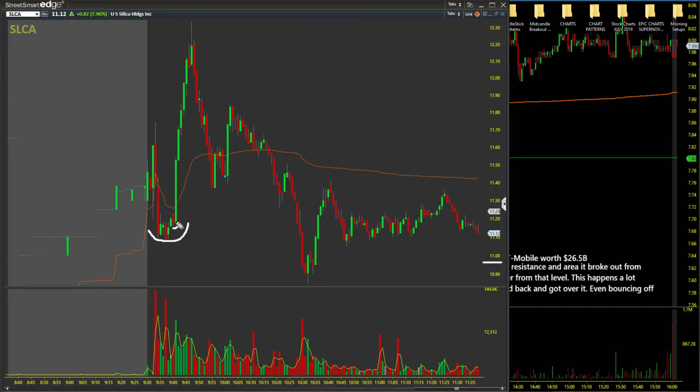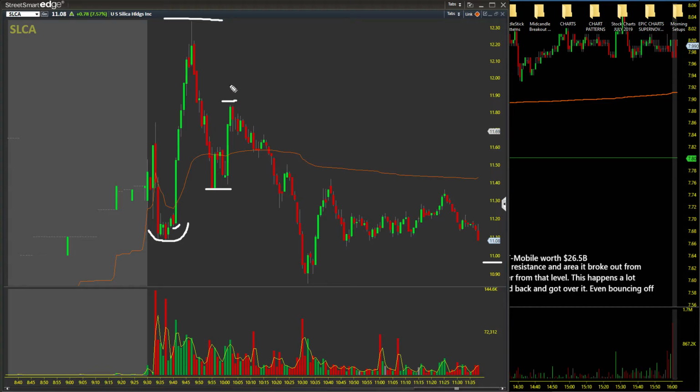And this stock explodes from 11.10 and grinds all the way up to $12.30. Nice move on SLCA. And then the stock sells off all the way down to 11.30 and then got a pop up to almost 11.90.